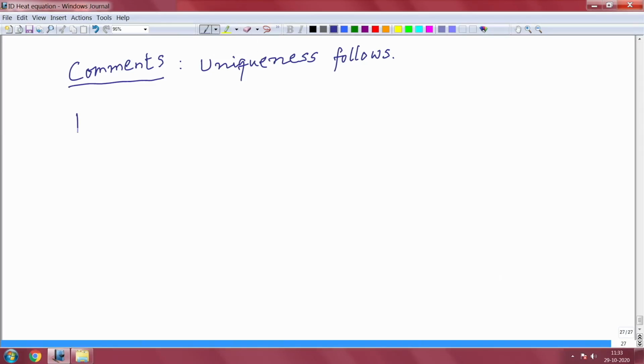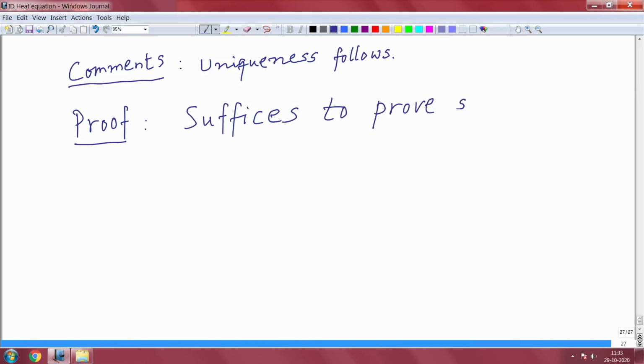So, regarding the proof, first some observations. So, it suffices to prove statement 1. So, this is the first observation: prove statement 1. Why is that?